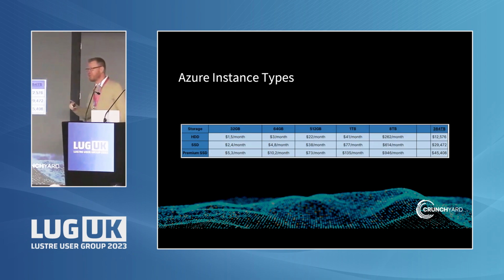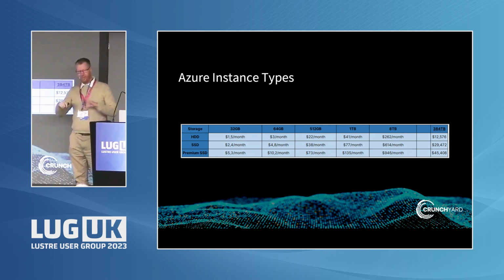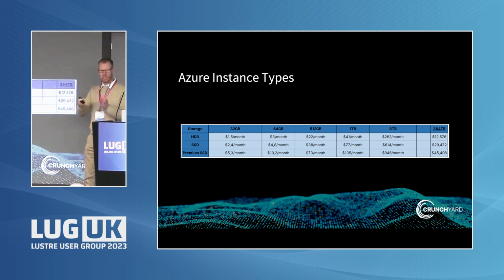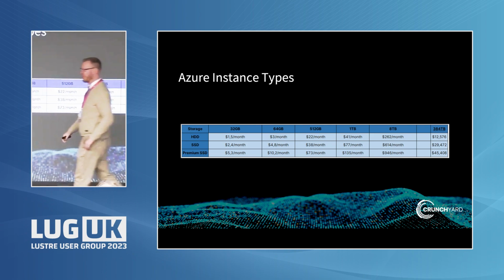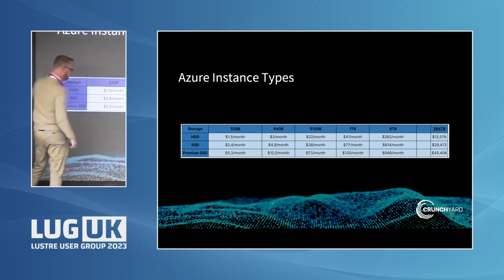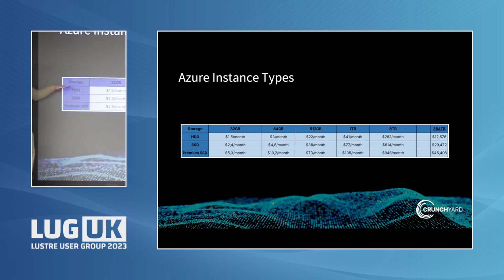The other important thing to note is that compute has a cost, but storage has got even more of a cost when it comes to cloud applications. So if we have a look at just normal hard drives, so I don't know if you can read it all. The top line here is normal magnetic drives. 32 gigs will give you $1.50 a month. But this application requires 380 terabytes.